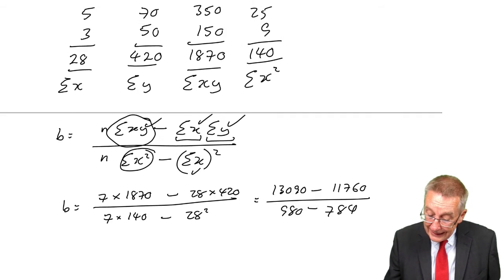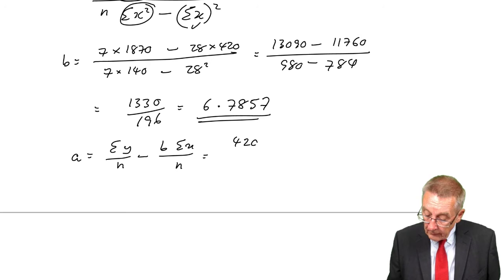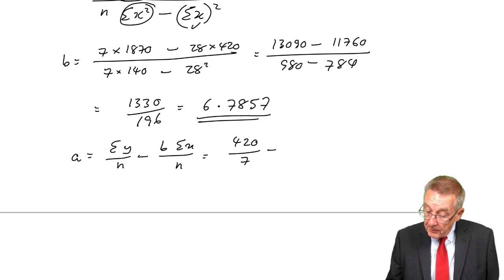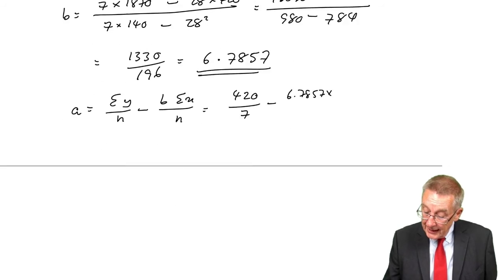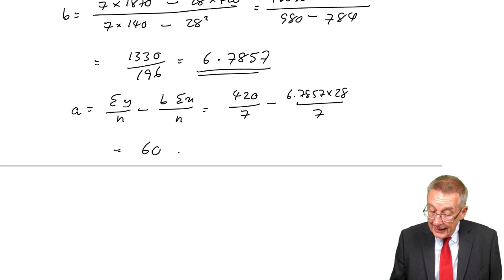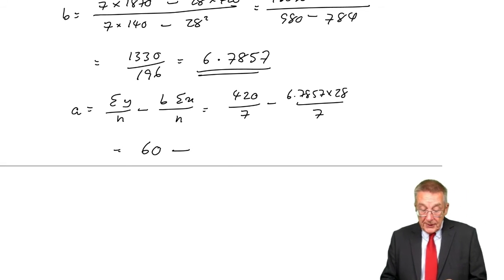Sigma y from our table was 420, and n, if you remember, was 7, minus b, 6.7857 times sigma x, which was 28, over 7. 420 over 7 is 60 minus, what does that come to?